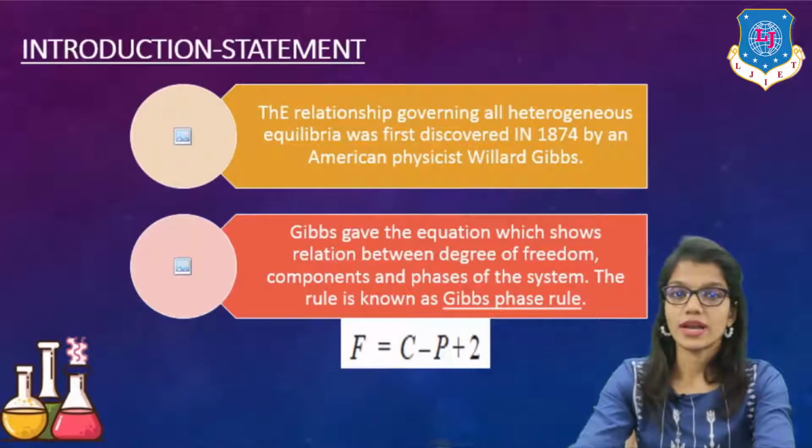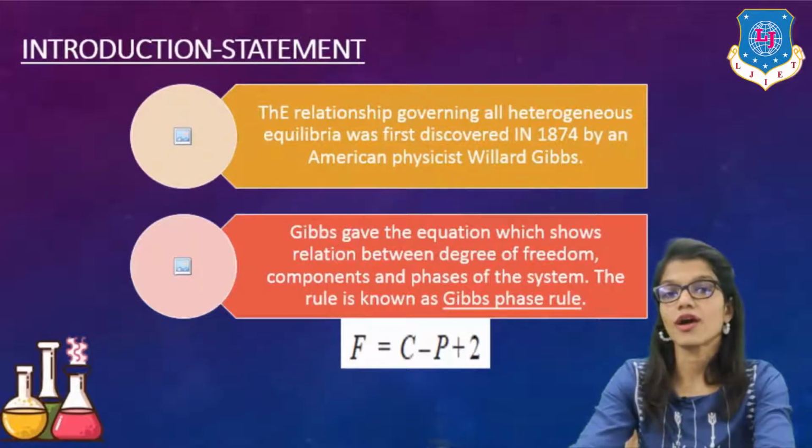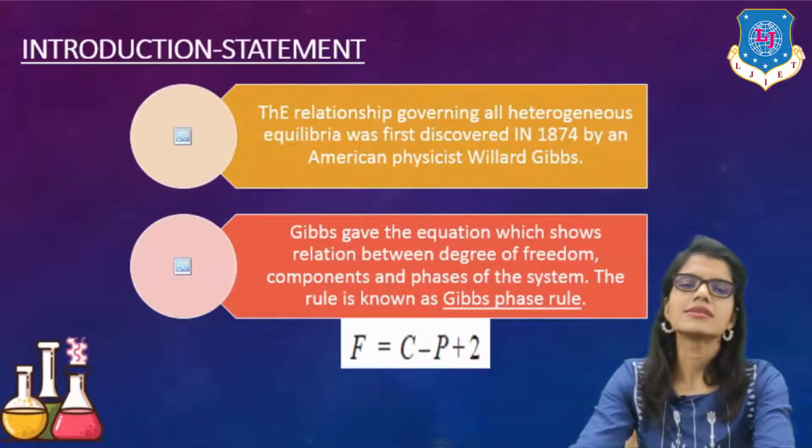After Willard Gibbs, we have given the name Gibbs phase rule, and the statement is known as the Gibbs phase rule statement. Here, capital F is the number of degrees of freedom, capital C is the number of components, and capital P is the number of phases.